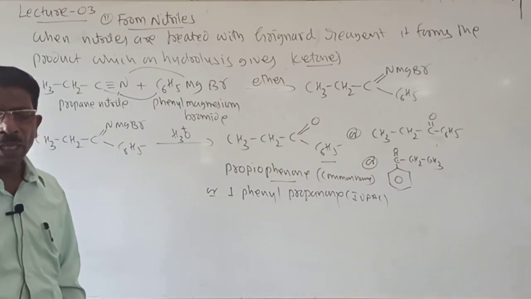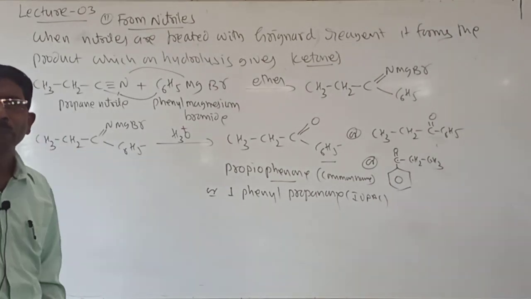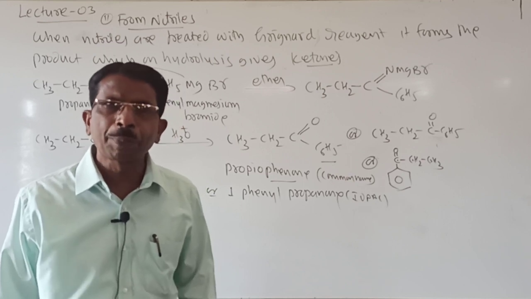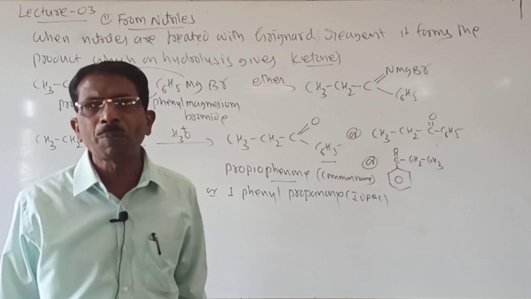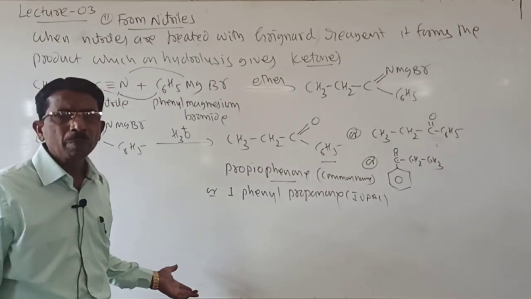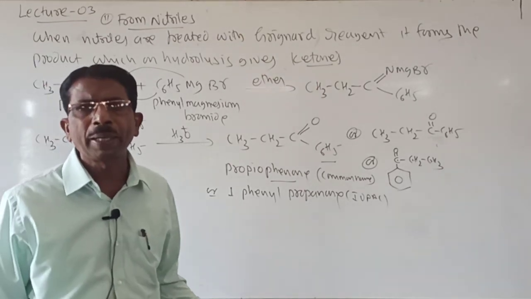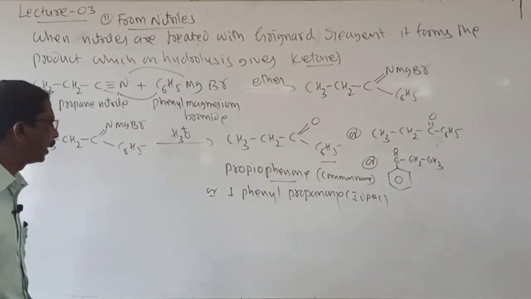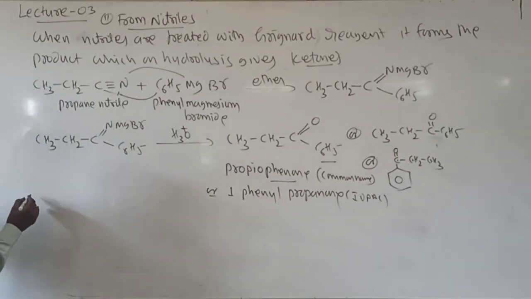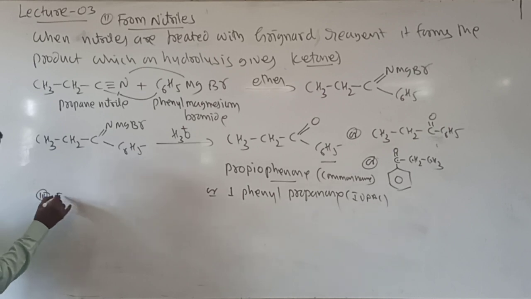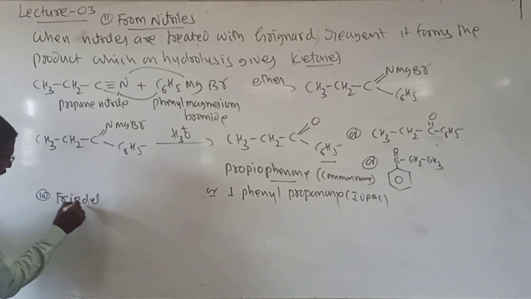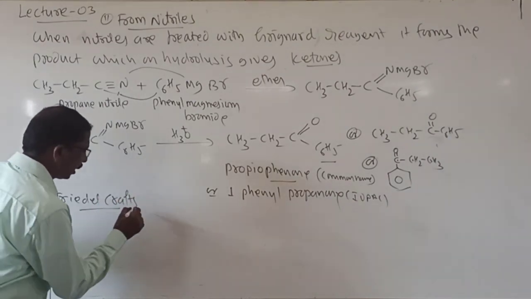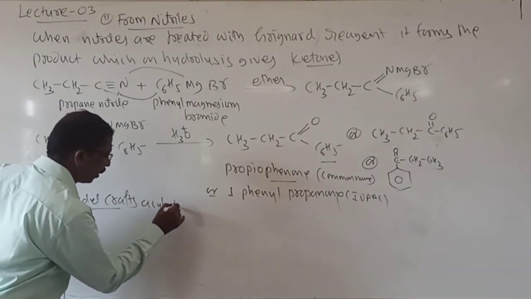Then another last one, Friedel-Crafts reaction. Friedel-Crafts reaction is very simple. When benzene is treated with acyl chloride in presence of anhydrous aluminum chloride, it forms acetophenone, the main product here. In Friedel-Crafts reaction we have to follow acylation.